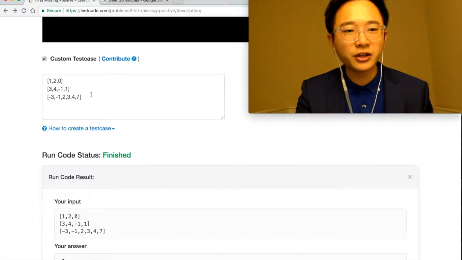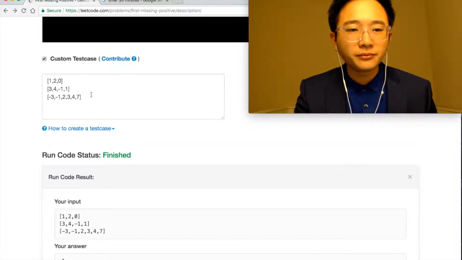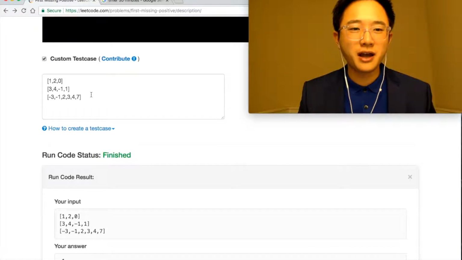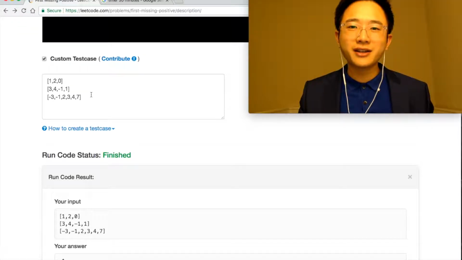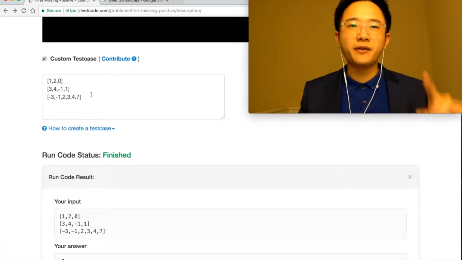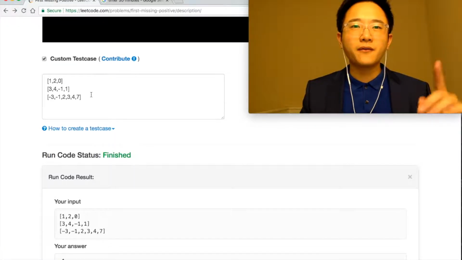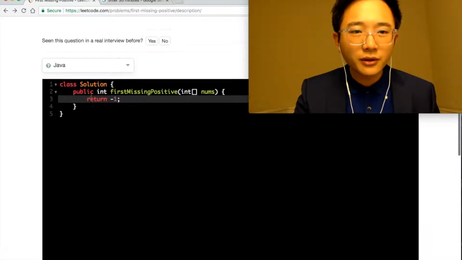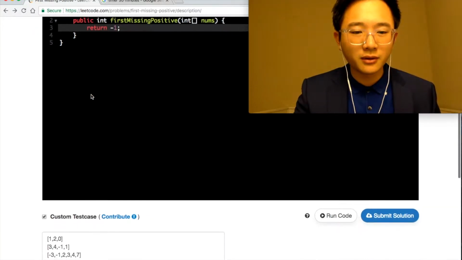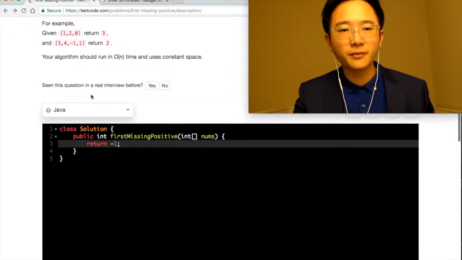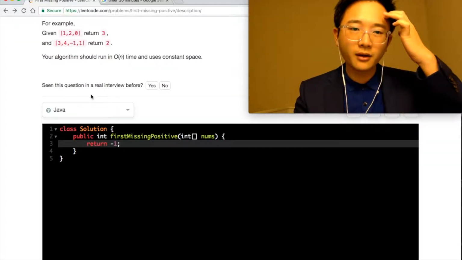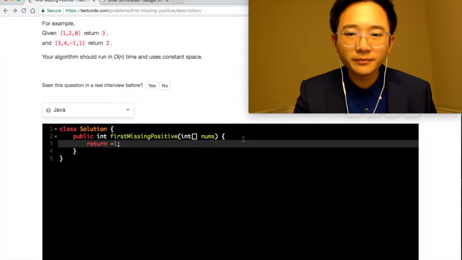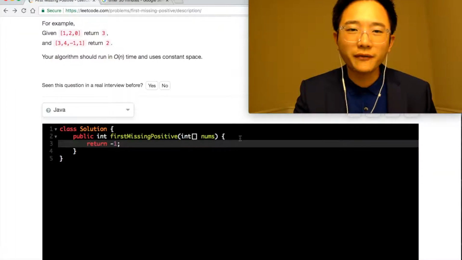missing positive integer. If you just wanted one missing positive integer, that'd be easy, right? We could add the sum, or we can sort the array. That'd be pretty straightforward if you sort the array.